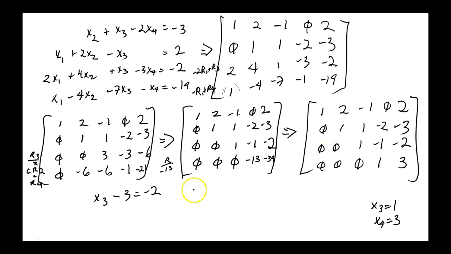The next one gives us x sub 2: x sub 2 plus 1 minus 6 equal negative 3. So the negative 3 should become plus 3 once we move the 6.